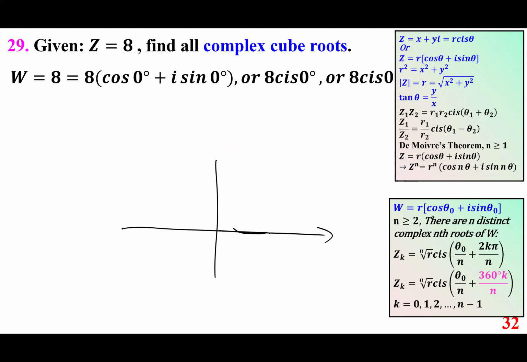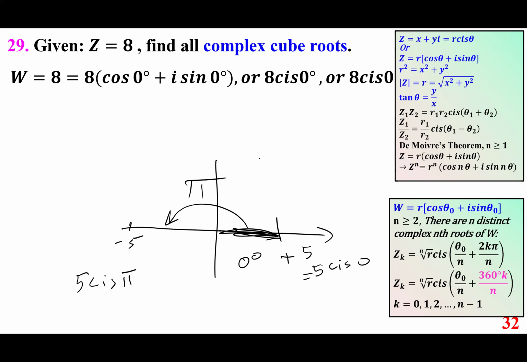Remember, this way is 0 degrees, right? So if you have a positive number, any number that is positive along the x-axis, for example, positive 5, that would be 5 cis 0. But if you have negative 5, it's 5 cis pi.